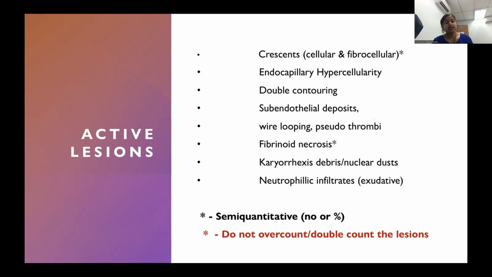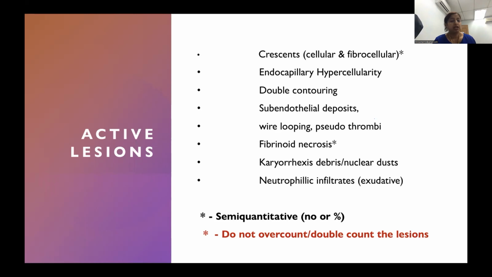What happens is that the pathologist tends to count it as, oh, I have one active lesion and another sclerosing lesion. That is wrong. You just need to count it as 2 lesions in one. That means the number comes back to 1. So don't double count it.